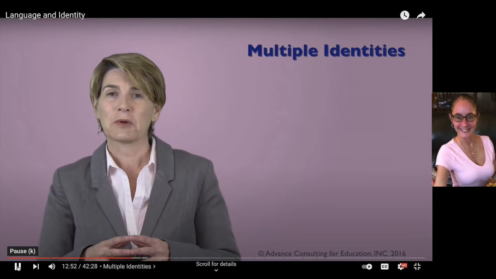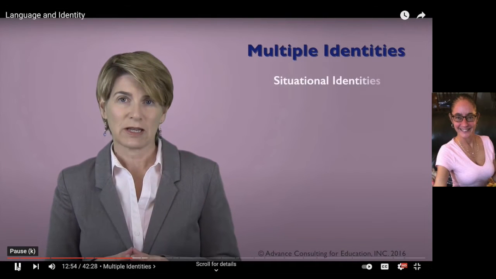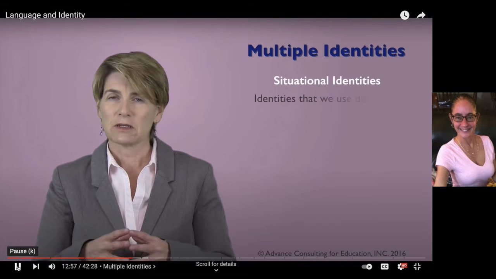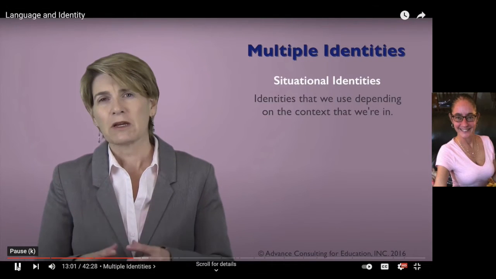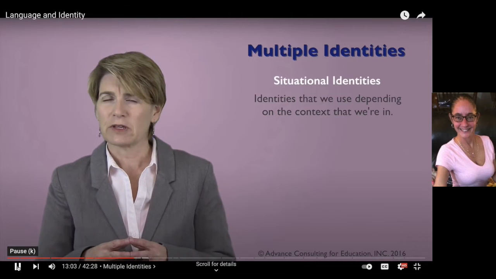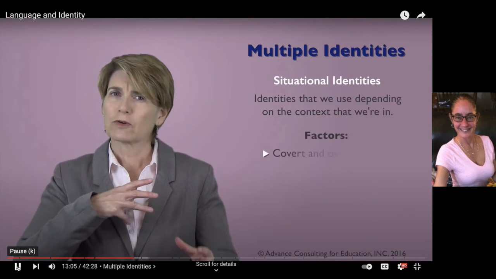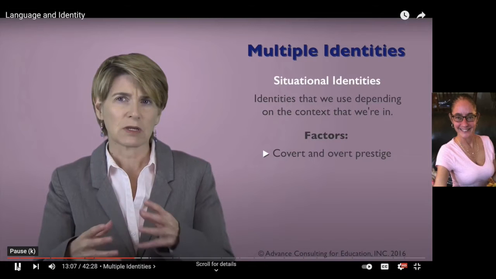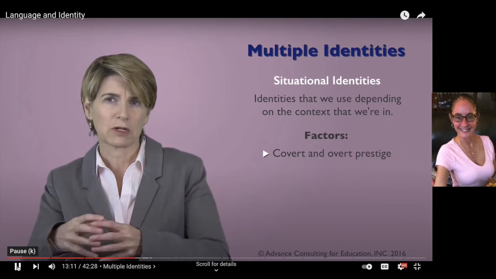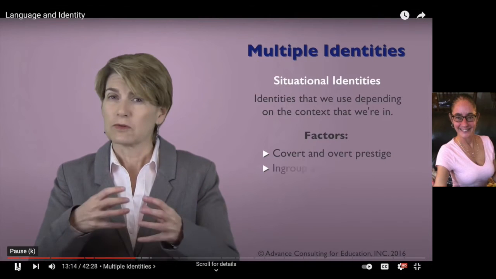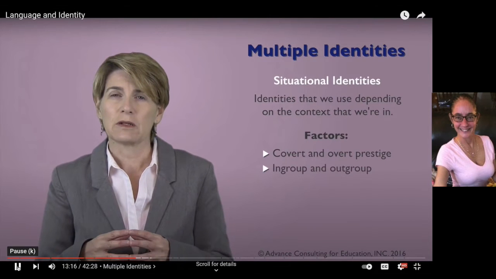Then around this primary identity, we have situational identities. And these are identities that we pull out depending upon the context we're in. And we make our choices depending on a lot of things. So we've got covert and overt prestige factoring in there. So do we want to belong to a standard group, or do we want to belong to an outsider group? So there's in-group and out-group going on there as well.